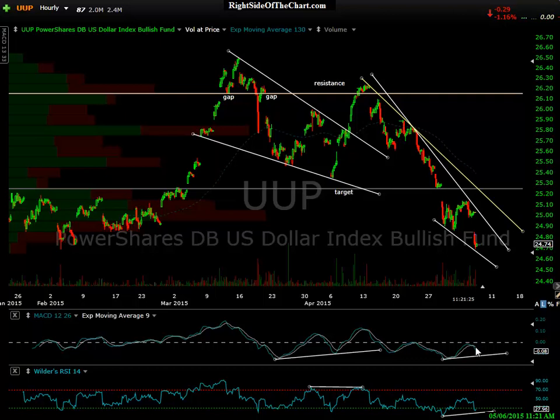What I would like to see is, we might come down here, but if we go lower, I would expect the MACD to put in a higher high, somewhere around this point, where it comes in, curls, and turns back up. We do have potential divergence already forming on the MACD and the RSI.